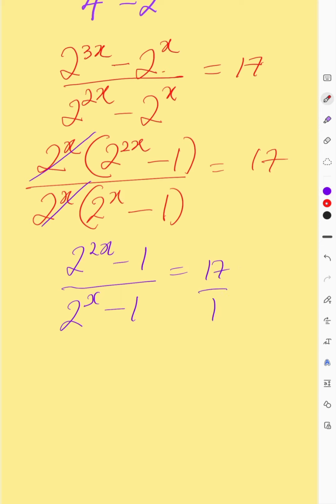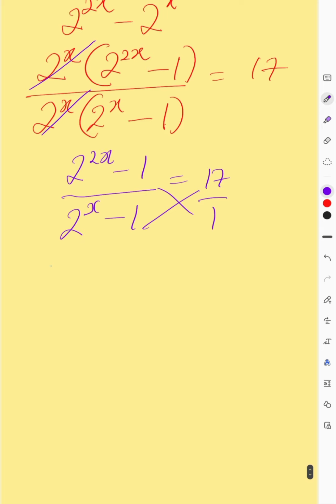You can now cross multiply. Let's cross multiply and see what it will give us. When you cross multiply, you are now getting 2 to the power of 2x minus 1 is being multiplied by 1, which will give us the same thing, equals 2 to the power of x minus 1 is now times 17.